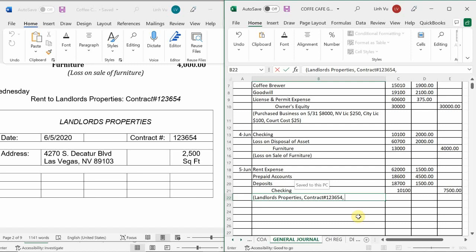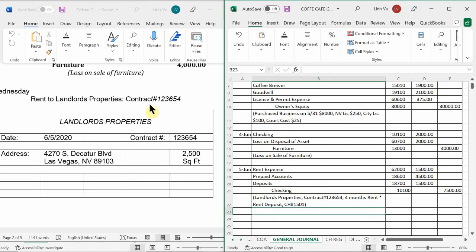We paid for 4 months rent and rent deposit. And how did we pay for it? We paid using check number 1501. Okay. So those are things that you can put into your description.